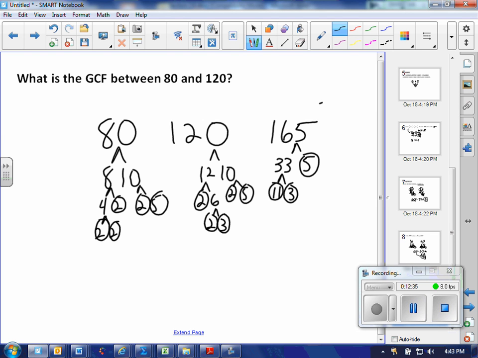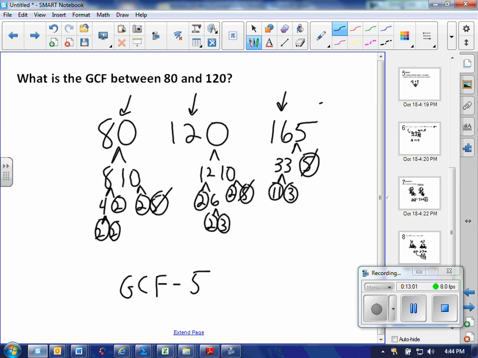Now, the GCF between these 3 numbers, again, they have to be shared now by all 3 of them. So, let's see. Do they all share a 2? Well, 80 and 120 both share a 2. But 165 does not. So 2 is not. Let's try 5, they have a 5 in each of them. This one has a 5, this one has a 5, and this one has a 5.